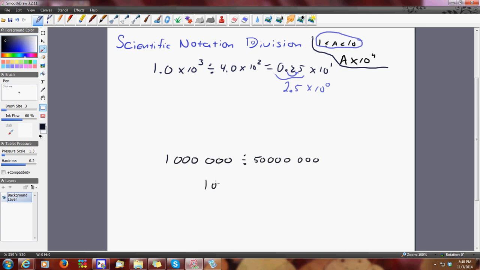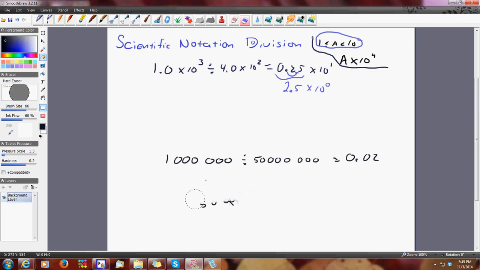Once again, it's kind of a pain in the neck to figure this all out. I get 1 divided by 50, which is equal to 0.02.